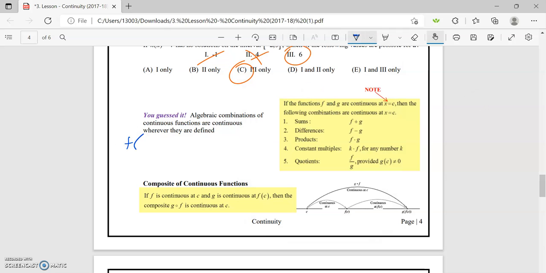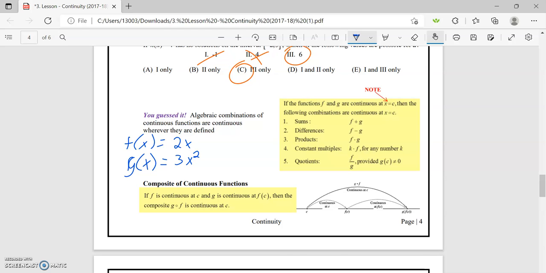So if I have f of x equals 2x, and g of x equals 3x squared. Those, by the way, are two continuous functions.